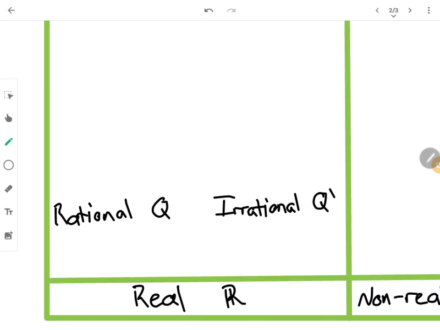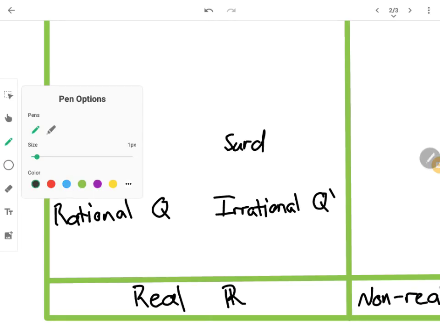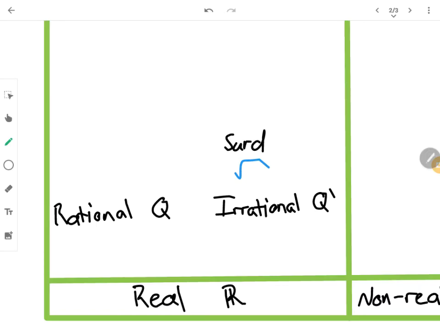So I'm going to write it over here. Let's say we have a surd. A surd is any number inside a square root when you don't get a number as an answer.